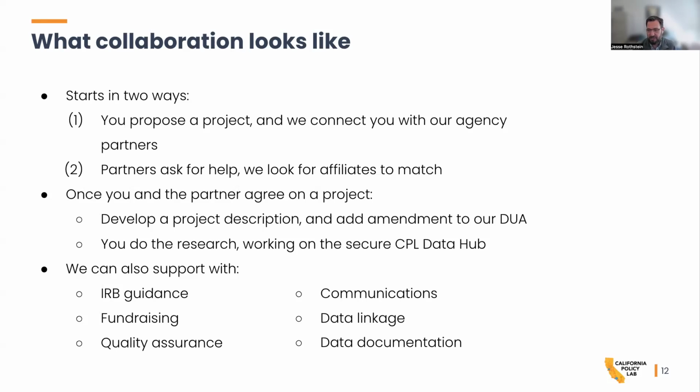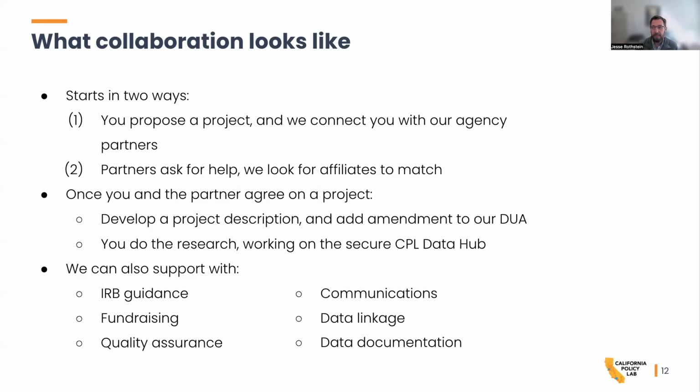Can you allow us to do it? And the other way the projects start is sometimes our partners will come to us and say, we'd like a project done. And we say, yeah, we'd like to support that, but we don't have the internal expertise or capacity to do it. And we look for affiliates who might be interested in working with the agencies. And both of those happen frequently, and I think they're both viable models.